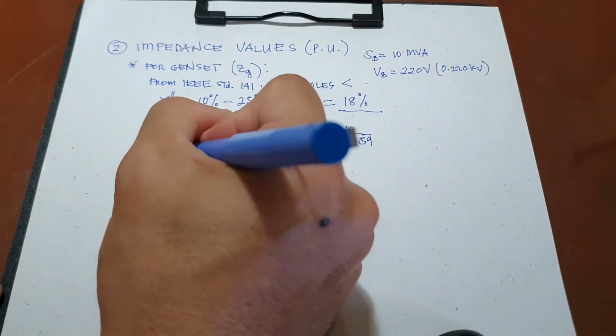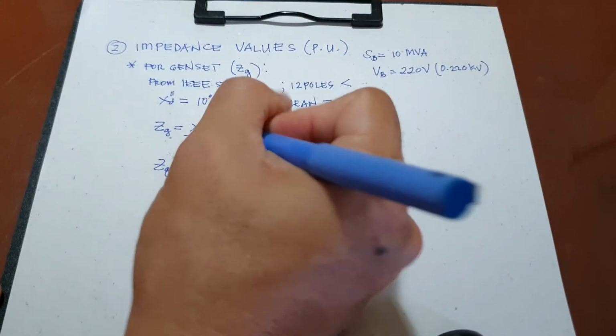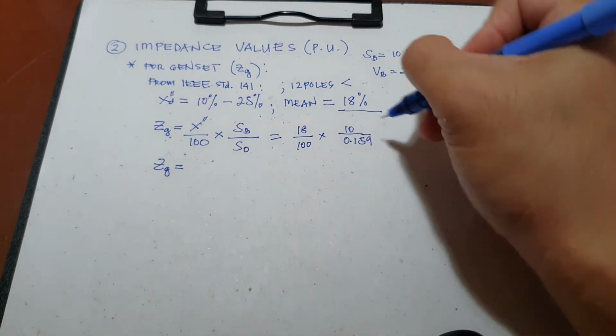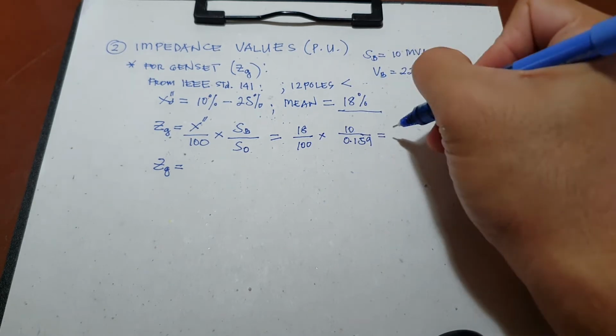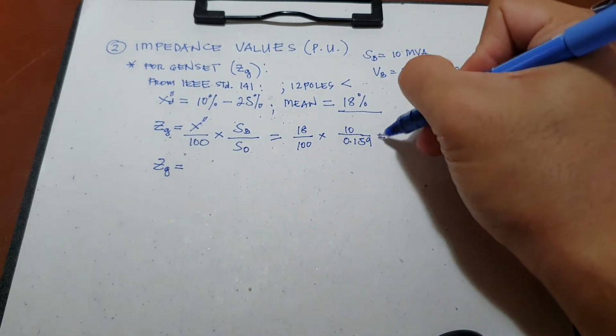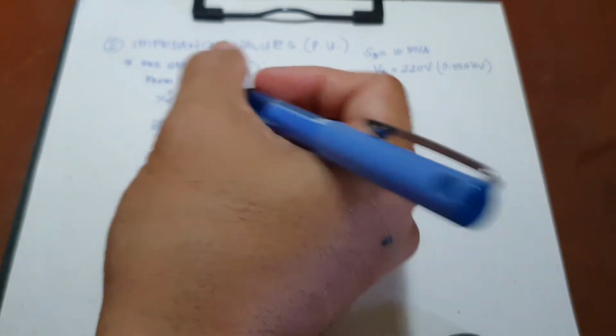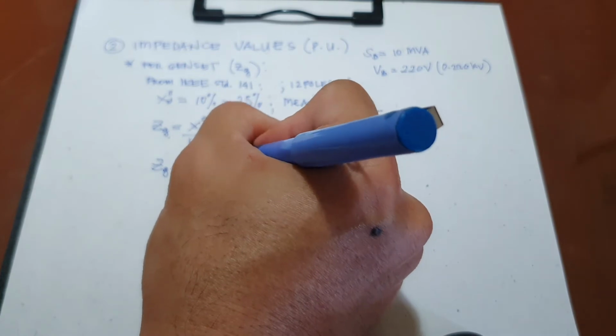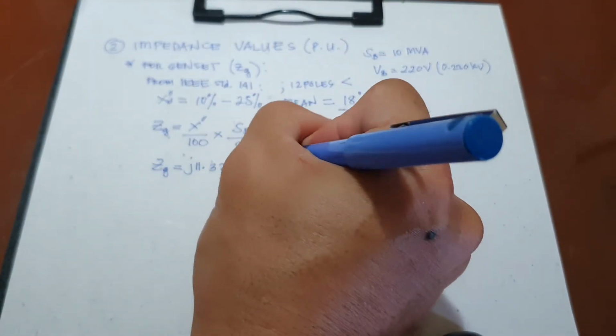So therefore ZG is equal to, using our calculator, so we have a value of j11.32 per unit.